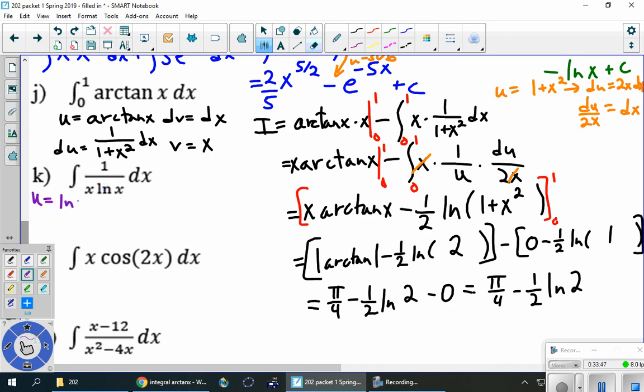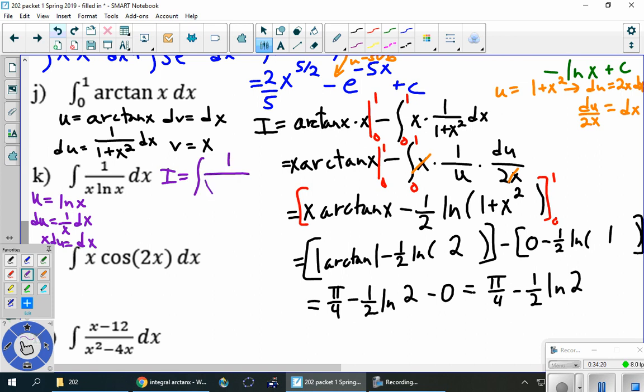u equals just the ln of x, not including the x in the front and not including the 1 over. Derivative is 1 over x dx. And multiply both sides by x, and we get dx is x times du. Okay, so that means that this original integral is equal to, I've been calling it I all day, let's try it again.